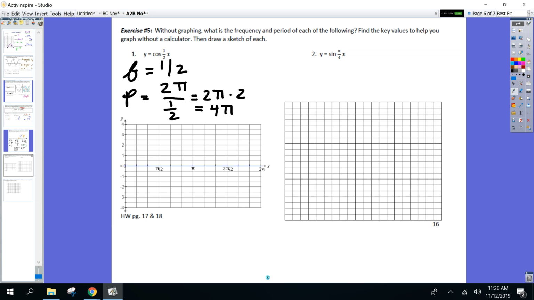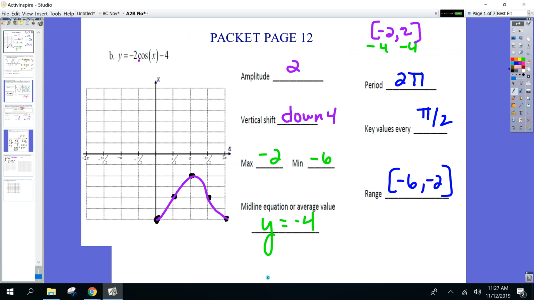So, hey, it's not going to take you to 2 pi to finish this graph. It's going to take you to what? 4 pi. I don't have that option to graph the 4 pi. I need you to put however much of the graph you can put right now to 2 pi. So here's what we're going to do from now on. You're going to find out where the key values are. Every single graph you guys have done, there used to be a key value where?